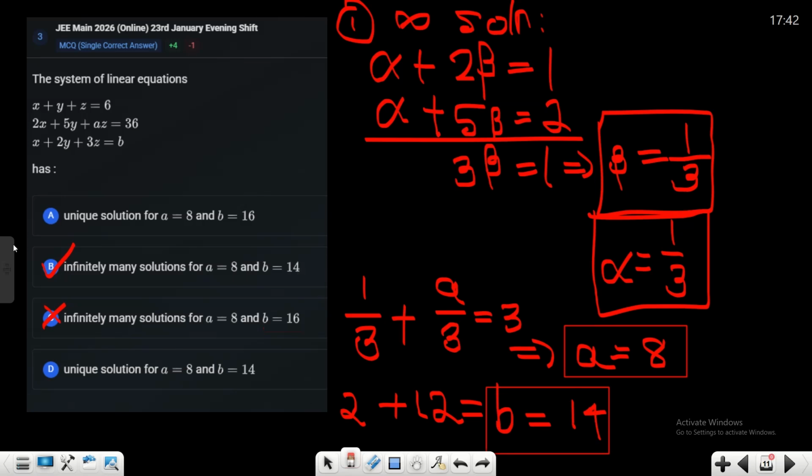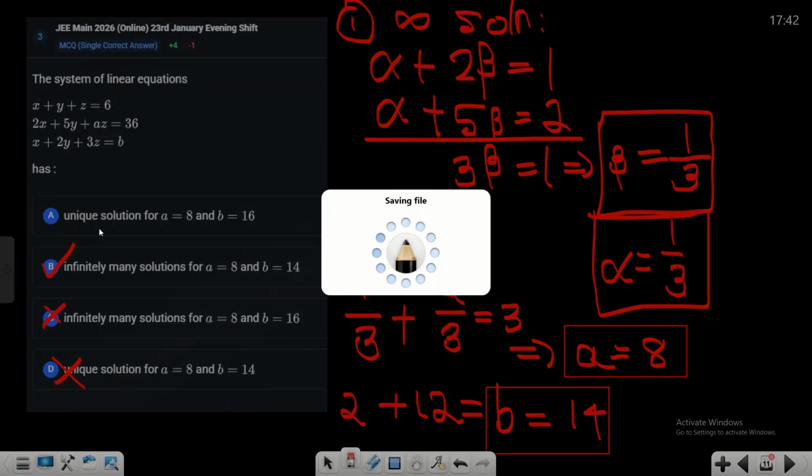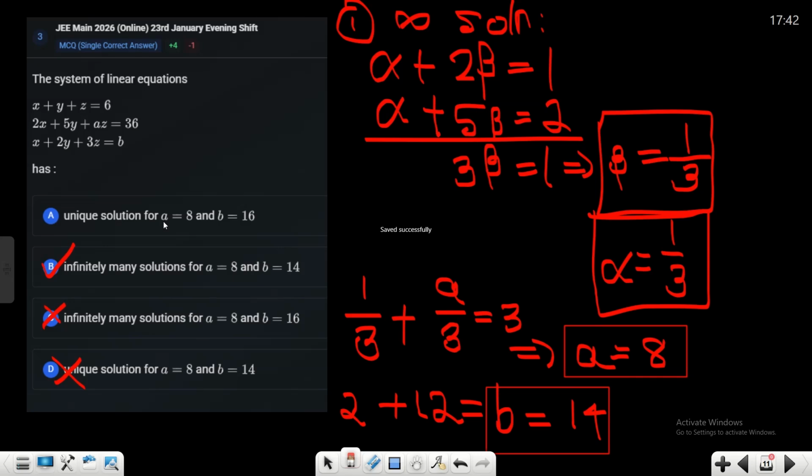And option D is wrong, because this is for infinitely many solutions. Now let us see whether option A is correct or not. They are saying a is equal to 8 and b is equal to 16. Let us substitute and see.